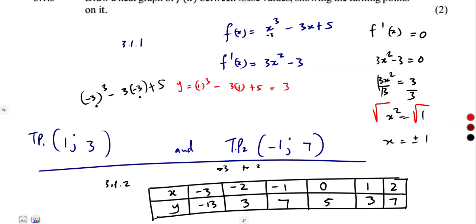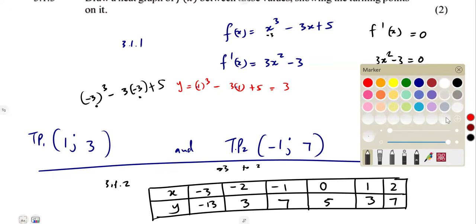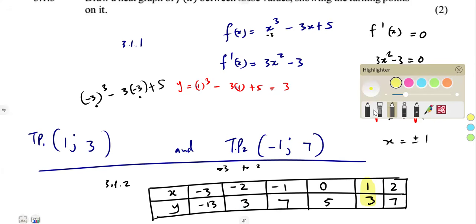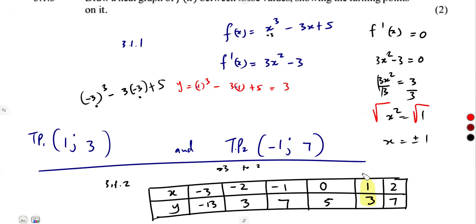All right, and I want us to notice something that is common here. Are you seeing that we have got the point (1, 3) as a turning point? Here on our table, x is 1, y is 3. So that (1, 3) represents a turning point. We have it here, guys.